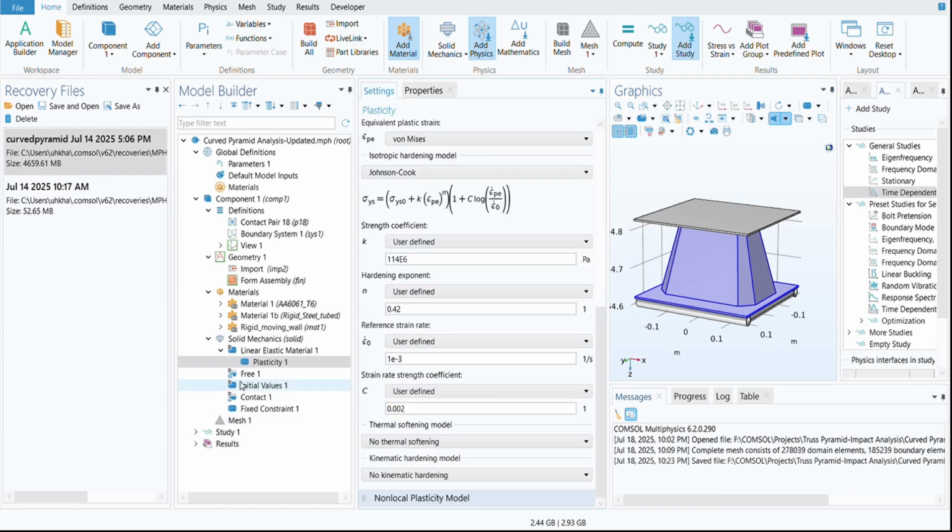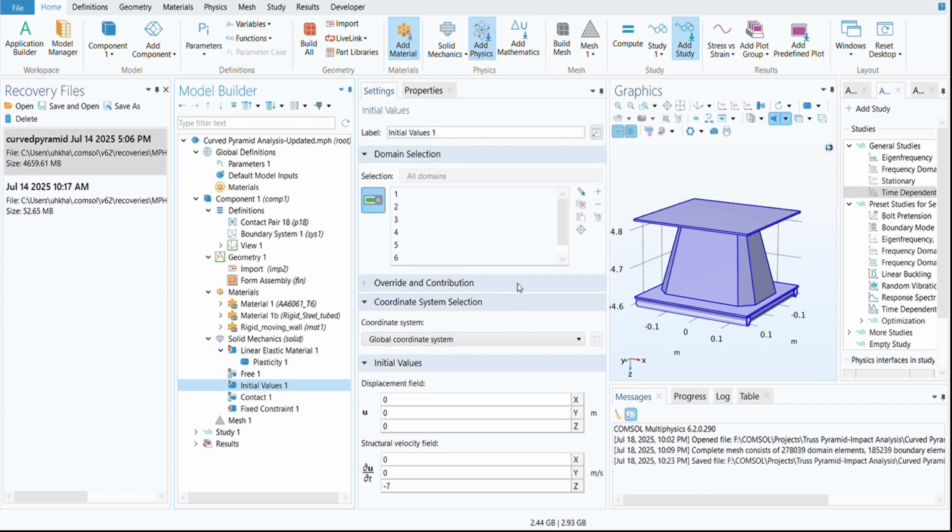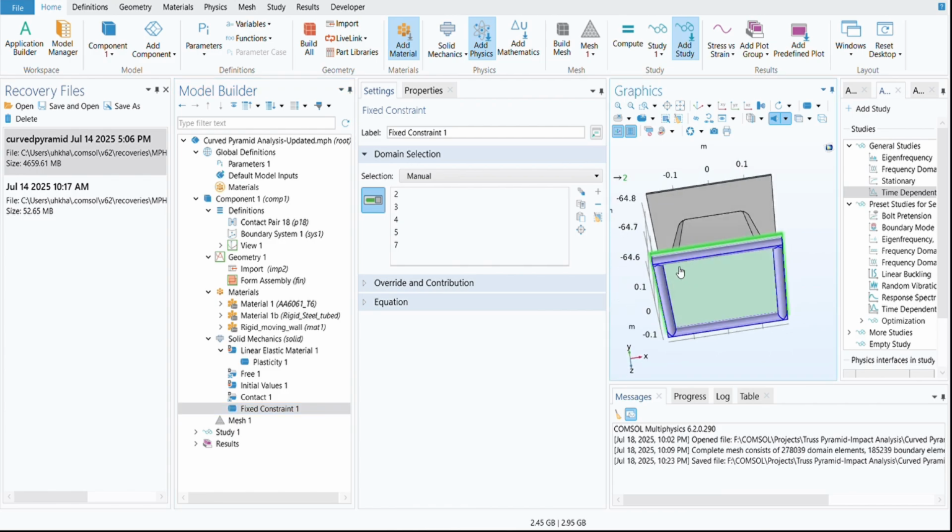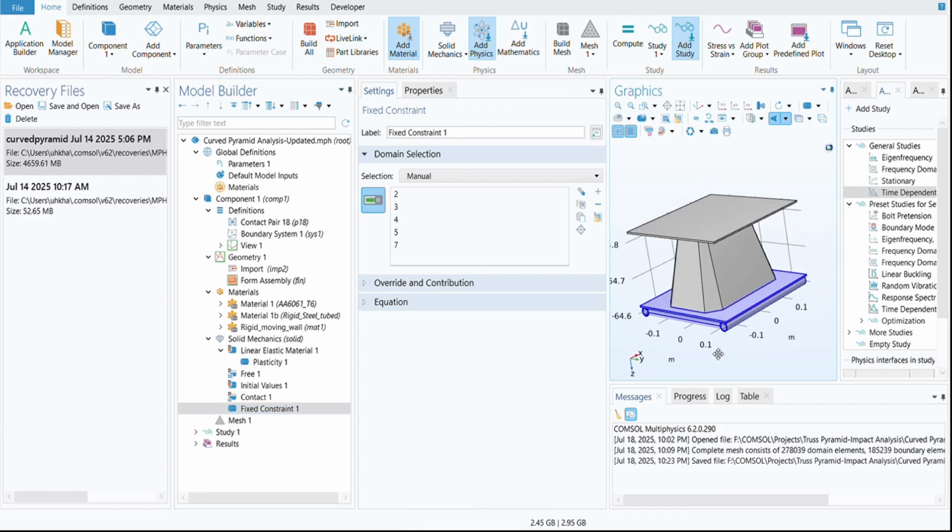And for the initial value, the wall will move along the z-axis in the negative direction. So we have given the value of 7 meters per second as the structural velocity field. For the fixed constraint, the base is to be set as a fixed constraint. In order to receive the reaction force, we have to give fixed constraints.